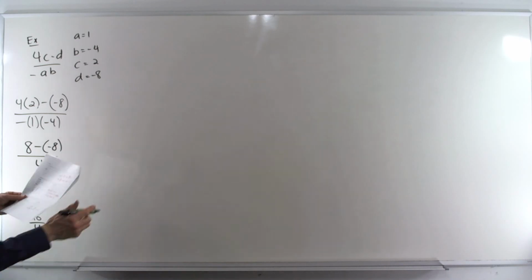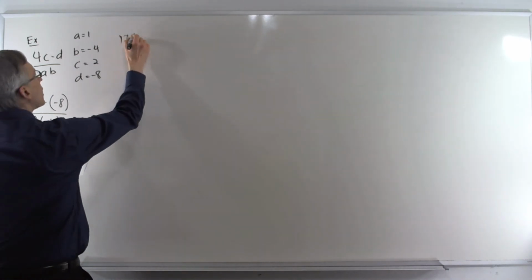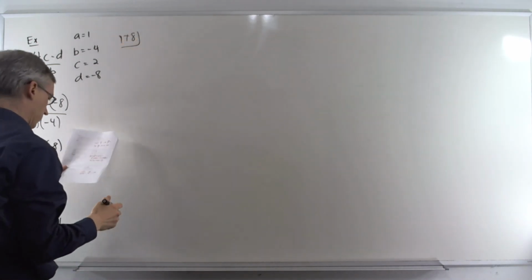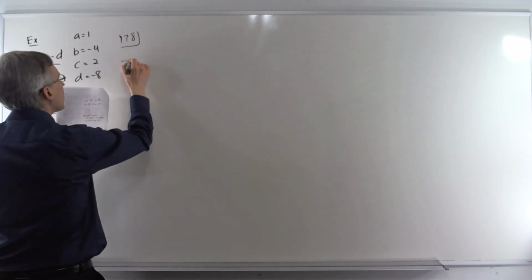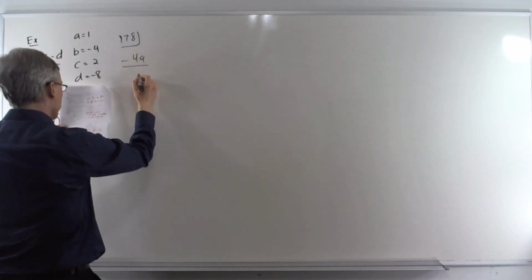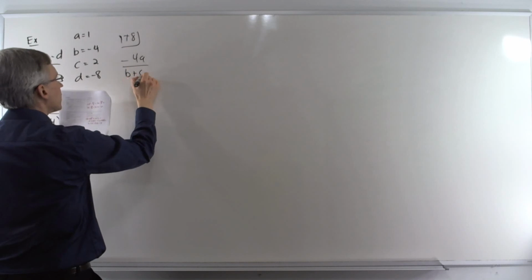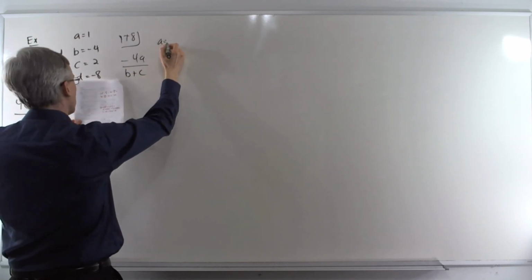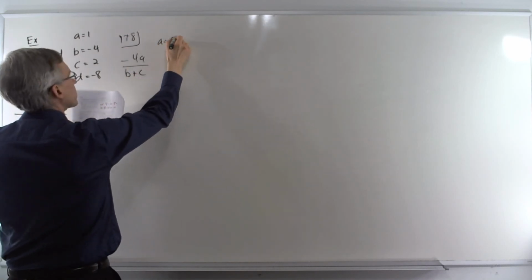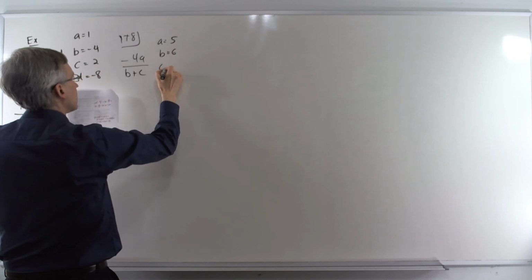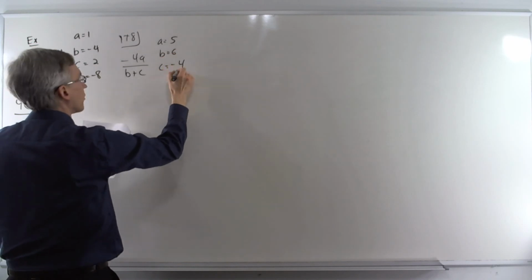Your turn, number 8. Negative 4a over b plus c, when a equals 5, b equals 6, and c equals negative 4.